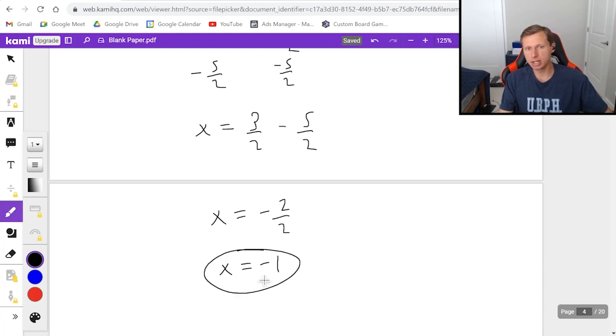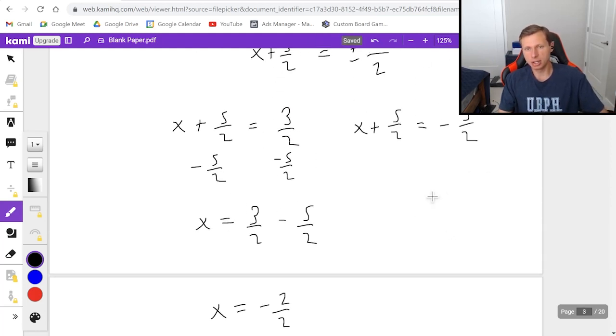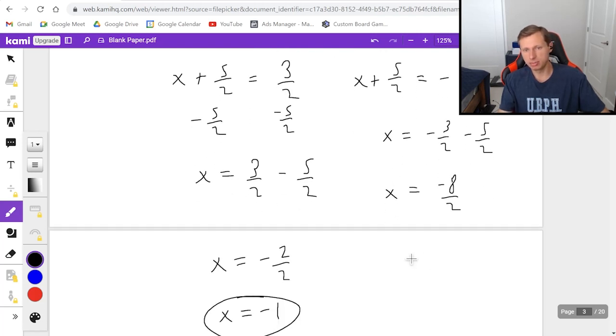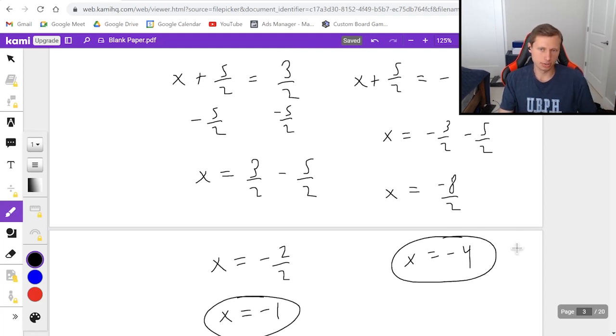So x equals negative 1 is one of our solutions. Then the other one is x equals negative 3 halves minus 5 halves. That's going to be negative 8 halves, which is going to be negative 4. So that's going to be our other solution.